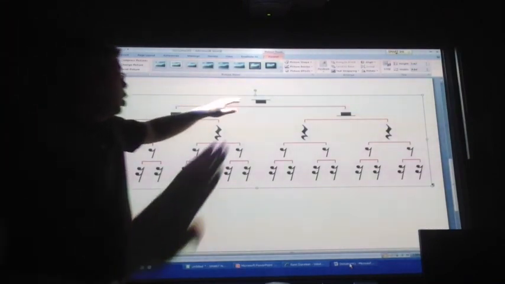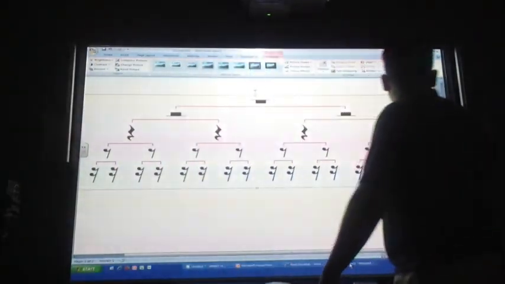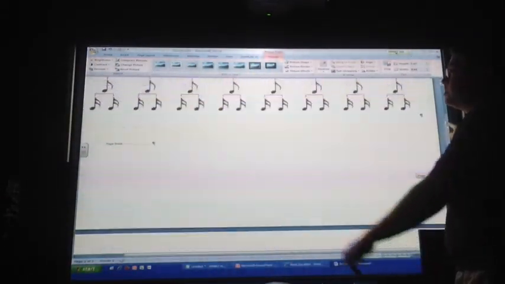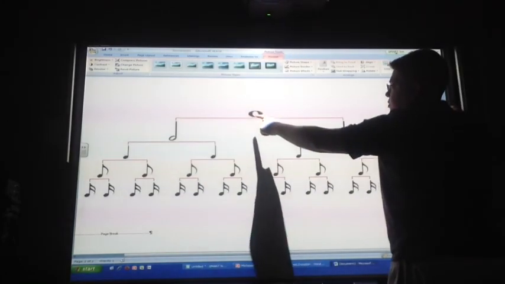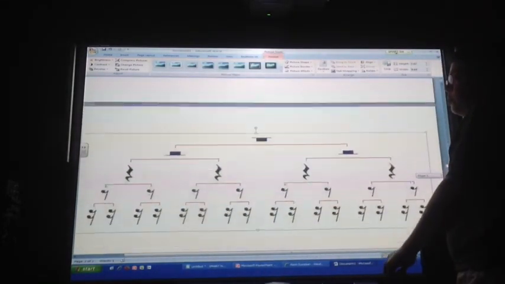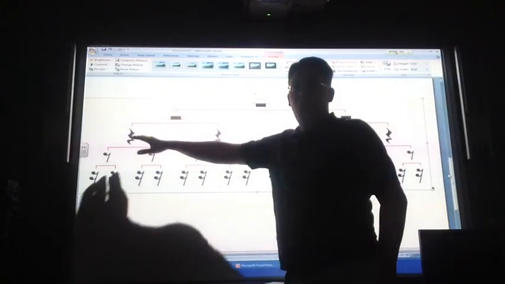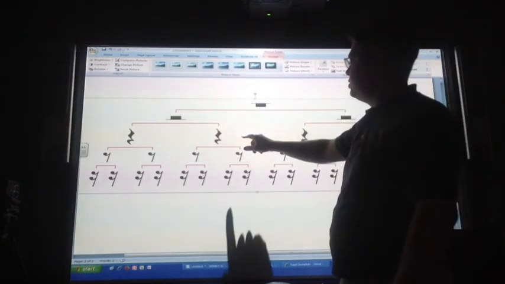So, a whole rest is equivalent to 2 half rests, just the same as the whole note is equivalent to 2 half notes. So, in our rests here, here's a good example of what a quarter rest looks like.